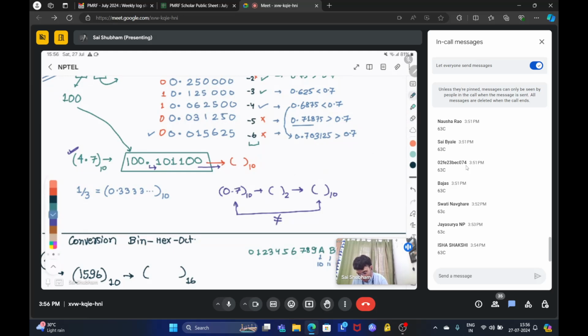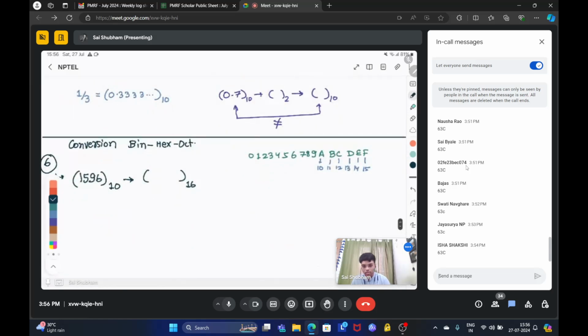If you add 2 plus 2, it won't give you 4. Instead, it will give you 3.999 like this. It was because of this issue, the problem of representing numbers.